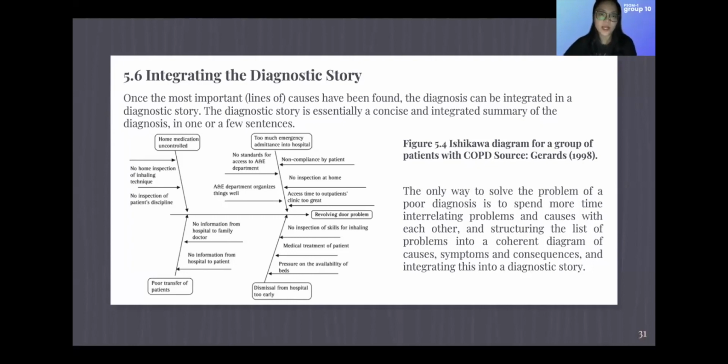After all, the only way to solve the problem of a poor diagnosis is to spend more time interrelating problems and causes with each other, structuring the list of problems into a coherent diagram of causes, symptoms, and consequences, and integrating this into a diagnostic story.